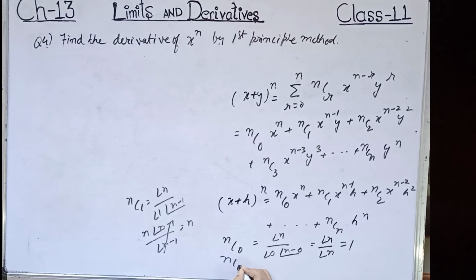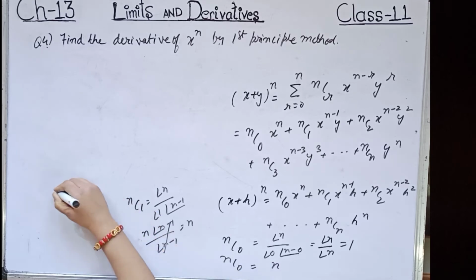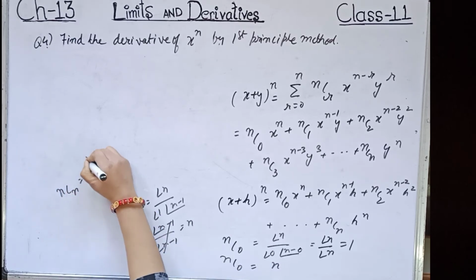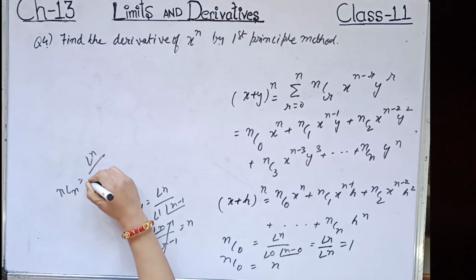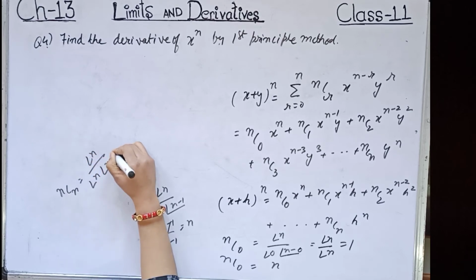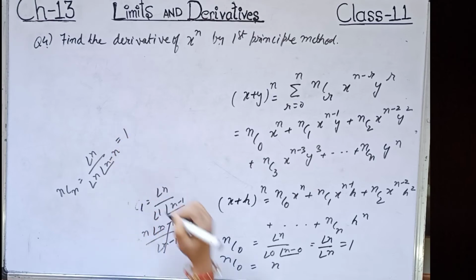So we write nC1 as n. Now nCn also, you remember, factorial n by factorial n into factorial (n − n) will be equal to 1.